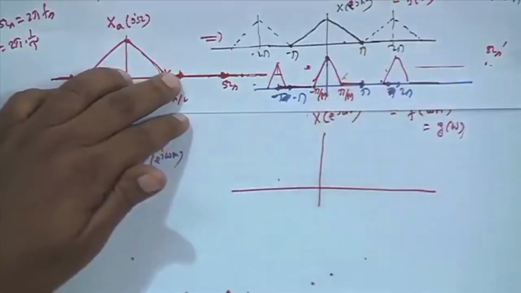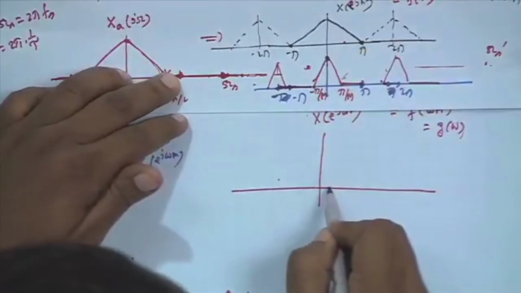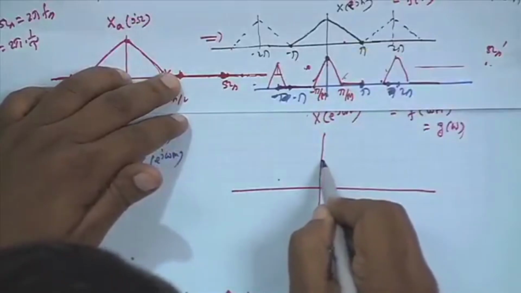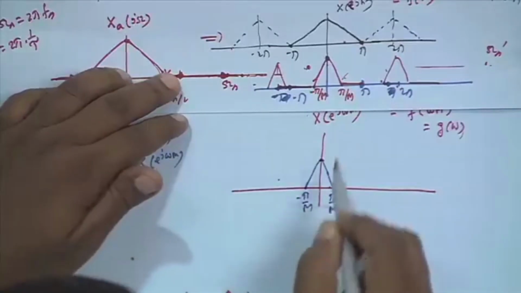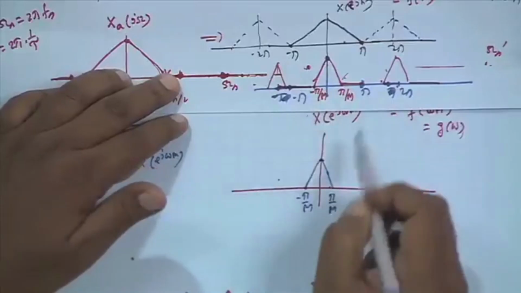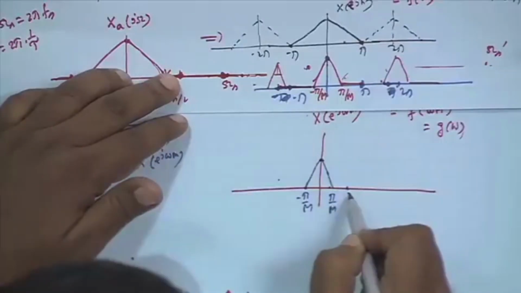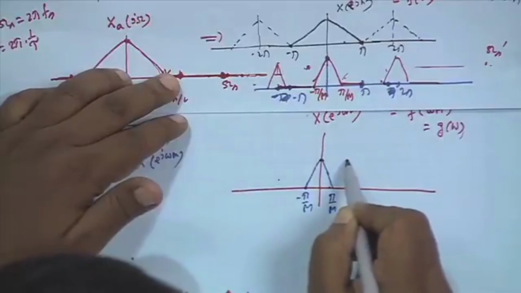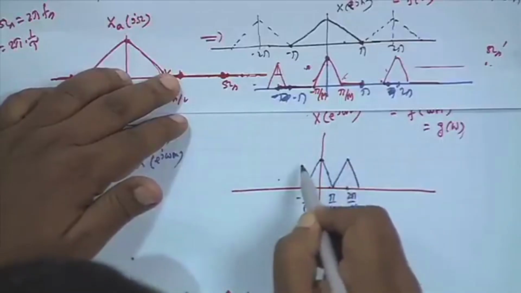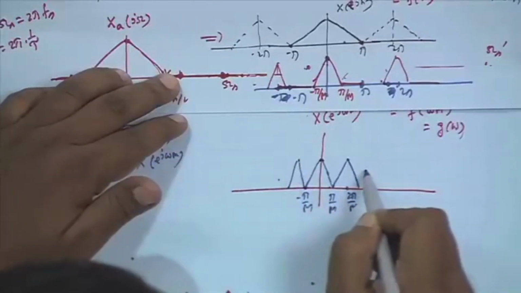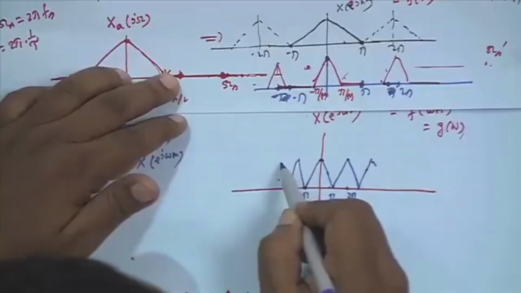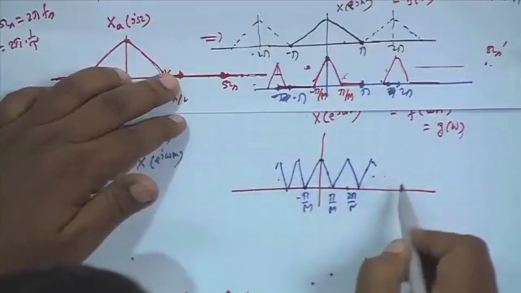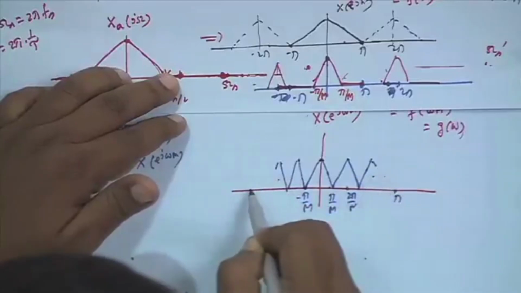pi will come to pi by M. Minus pi will come to minus pi by M, 2 pi will come to 2 pi by M. This will be like this, dot dot dot, and the final one will be from pi to minus pi.